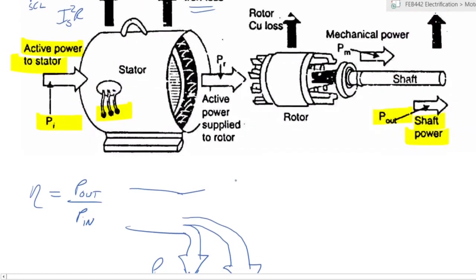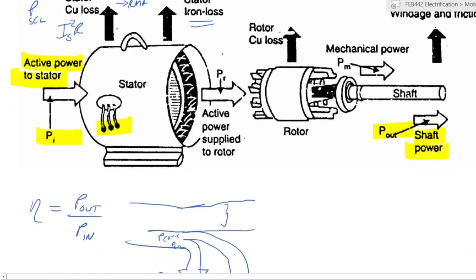So far you've not yet even moved your power within the machine. You've not yet even reached the rotor, and already there is some power that has been lost. So this is P core, this is PSCL. After you've lost heat due to the copper and lost heat due to the core of the magnetic field, what you're now left with is the active power that can be supplied to your rotor.